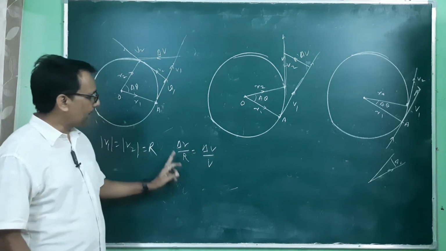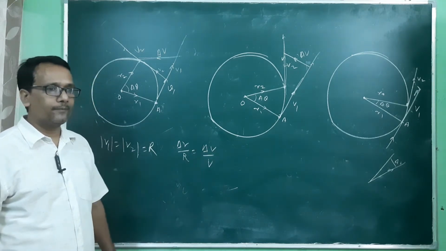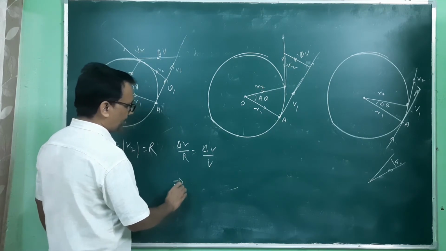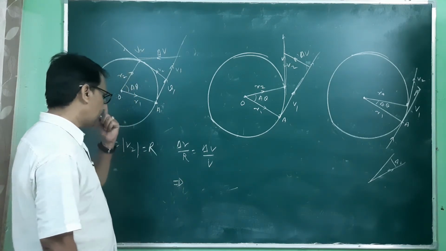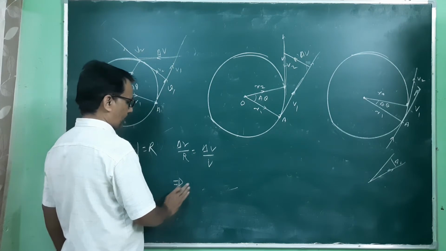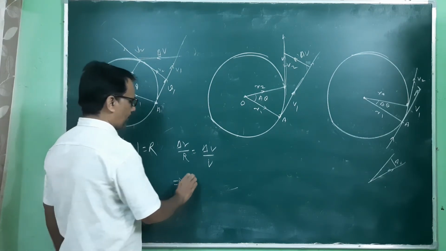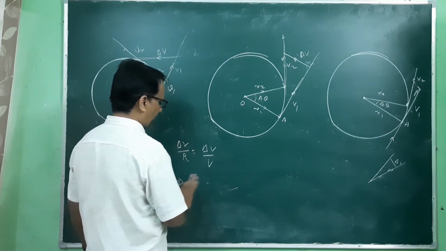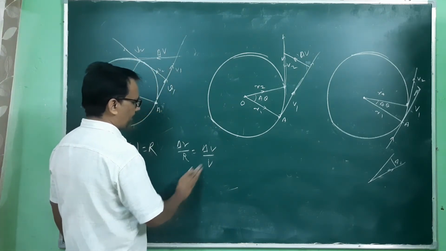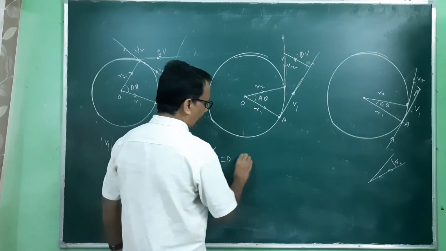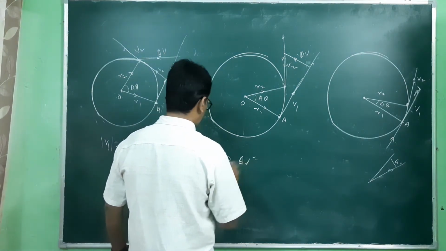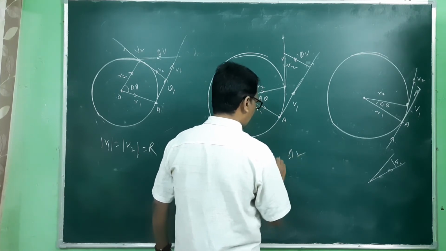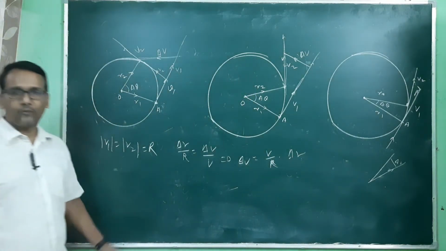So this delta R by R is equal to delta V by V. So one can write this, I should solve this for delta V. So delta V is equal to V by R multiplied by delta R, because I have to calculate acceleration.